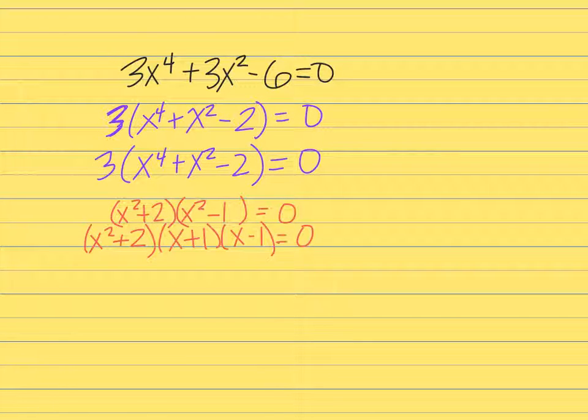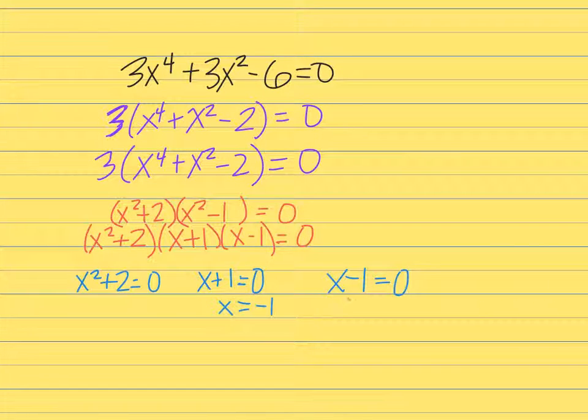So this one's kind of interesting because it has real zeros and non-real zeros. If I set each factor equal to 0, it's going to look like this. The x minus 1 and the x plus 1 just end up with real zeros, negative 1 and positive 1.